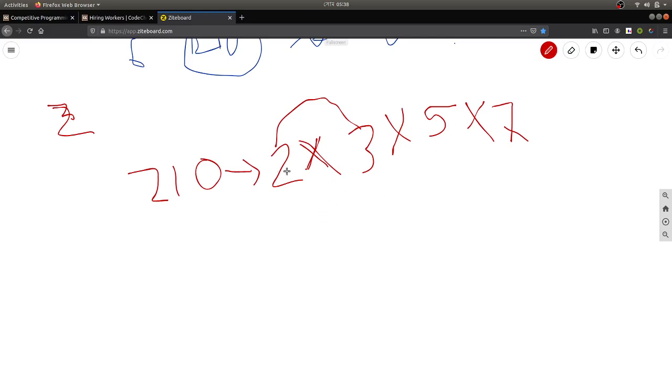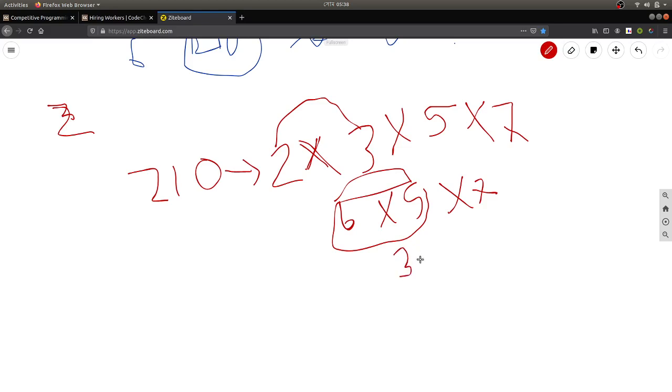Then again, if I multiply them, 6, 5, 7, then again I took the smallest 2 numbers and multiply them and chuck it back to the priority queue, so it becomes 30 into 7. So my end result becomes 30 plus 7.